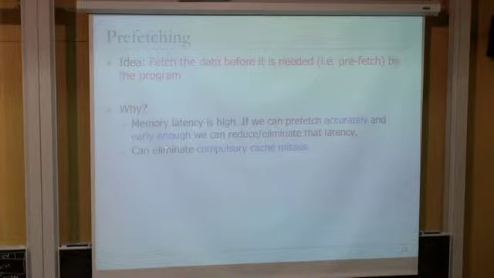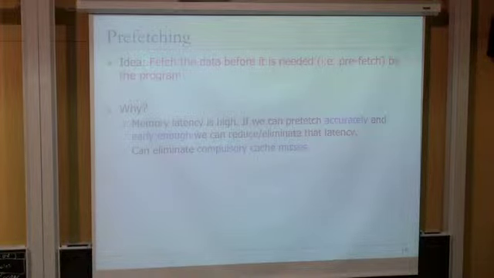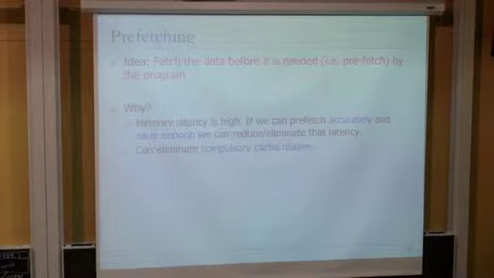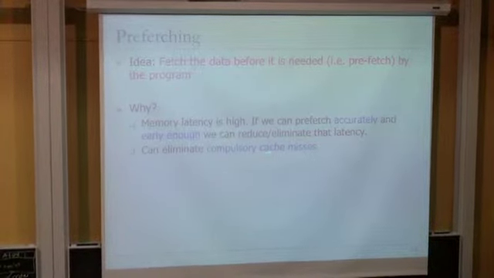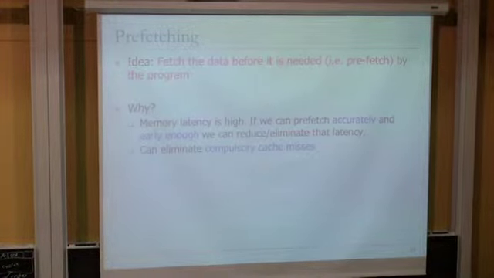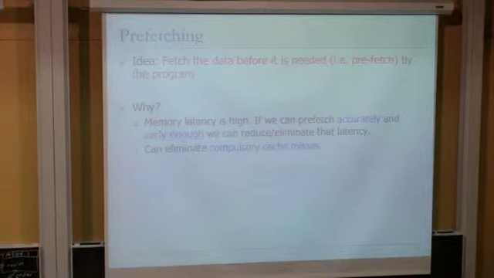Well, why? We've already figured it out, right? Memory latency is high. If we can actually prefetch the data accurately early enough, we can eliminate that latency so that we don't need to stall for this load. And this is a powerful idea because it can eliminate compulsory cache misses, right? Potentially, you don't need to see the address to actually predict that you're going to use the address.